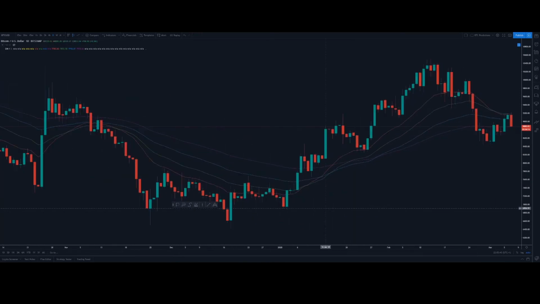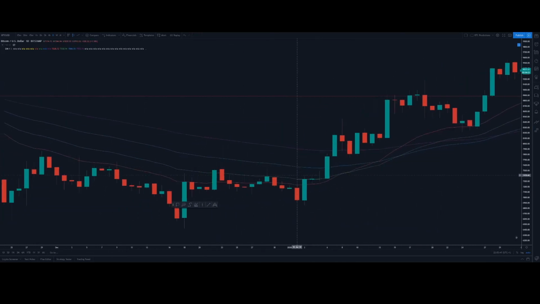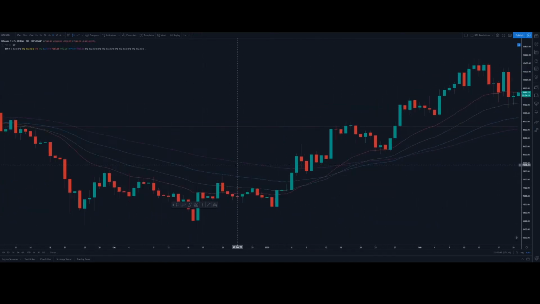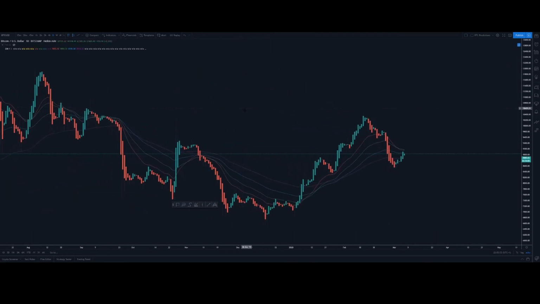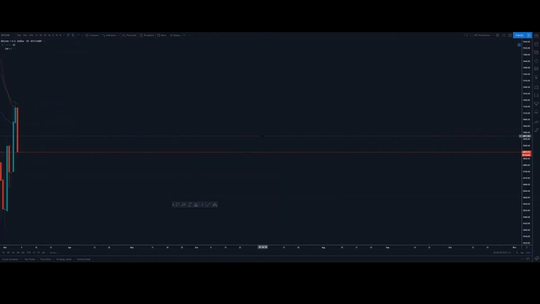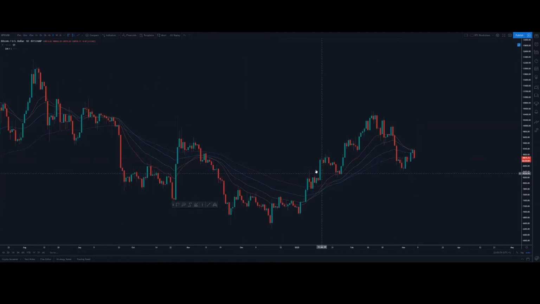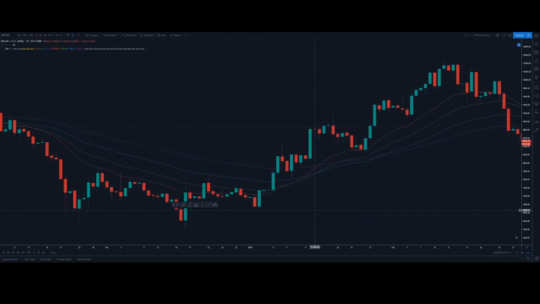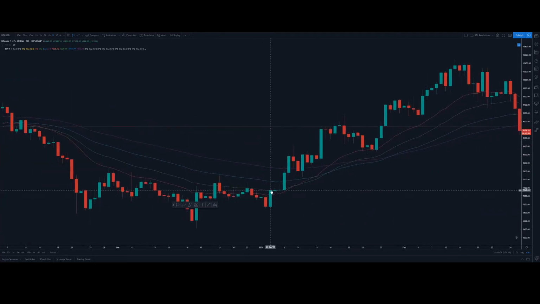So when are you supposed to read this? Well, that's why we use the candles here, the regular candles. You could actually also use the Fibonacci candles, but the point is, as you can see here, this candle broke through this EMA 21 and closed above it.